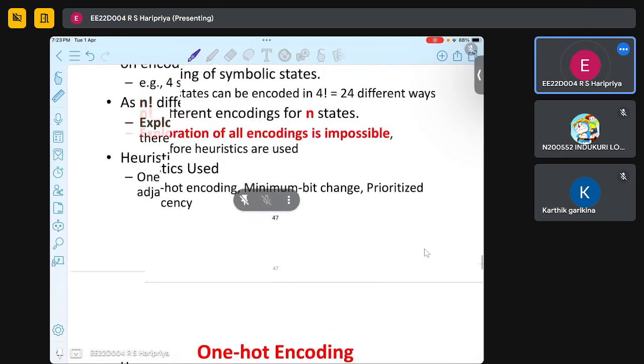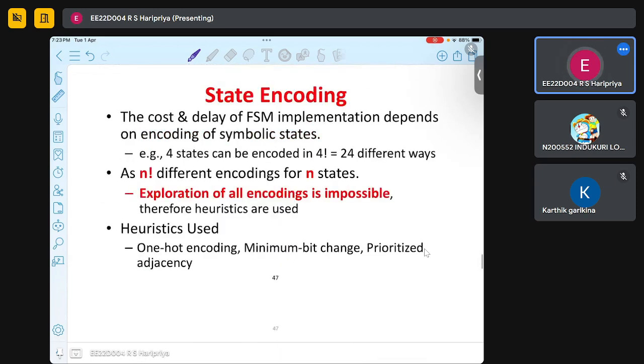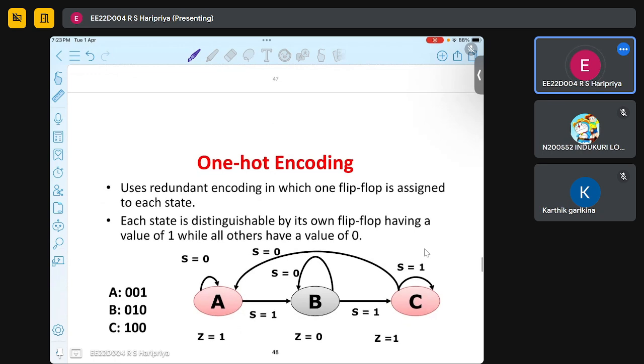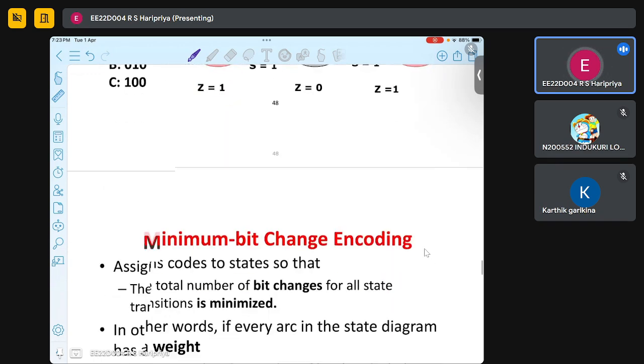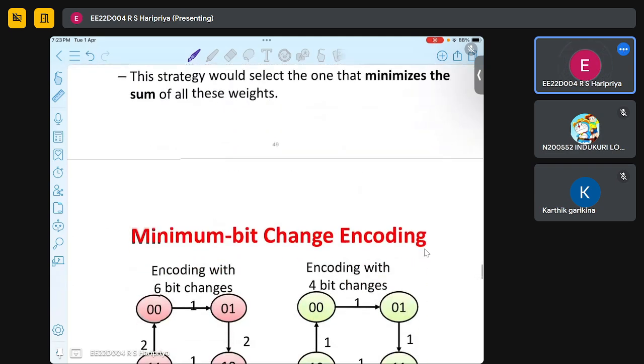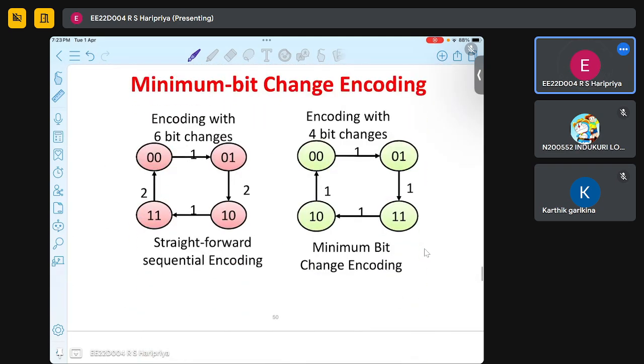And we saw that this much exploration is difficult. So one-hot coding.